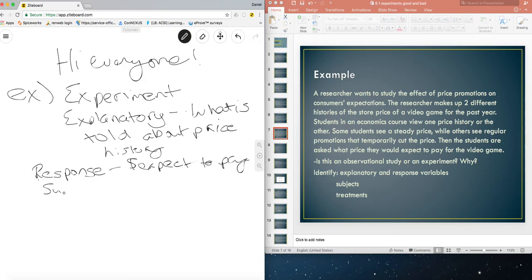The subjects, who were we testing on? Well, we had two groups of economic students. So we would write two groups of economic students. And treatments.